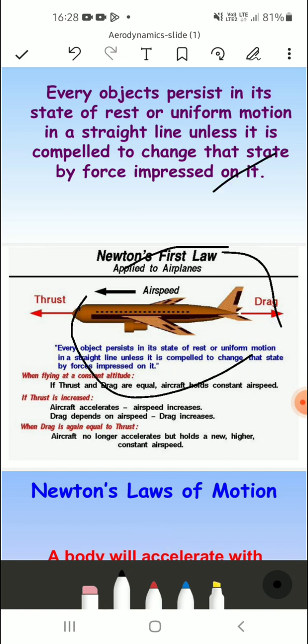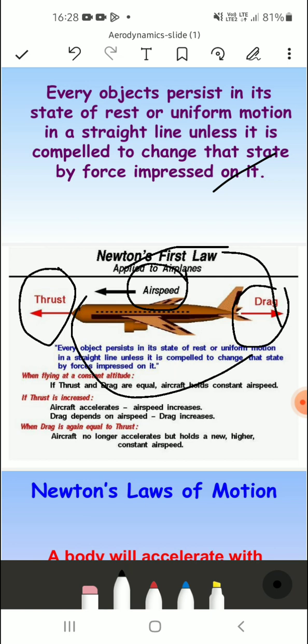In Newton's first law there are given drag force and thrust force, and the air speed. These are more important to learn in more detailed study.